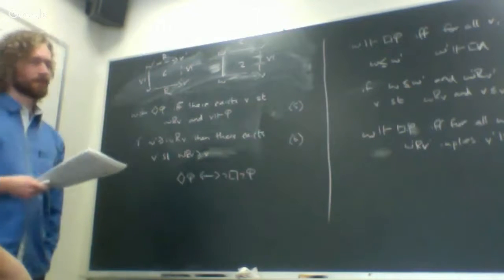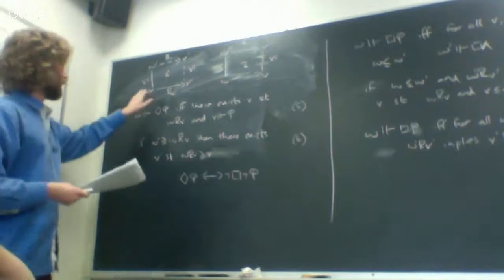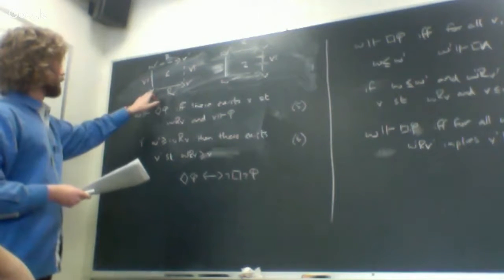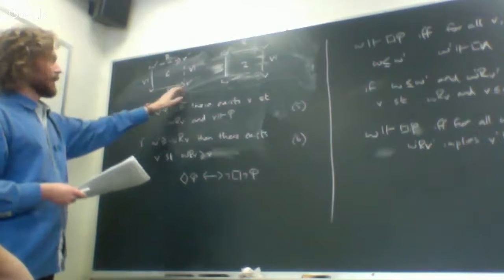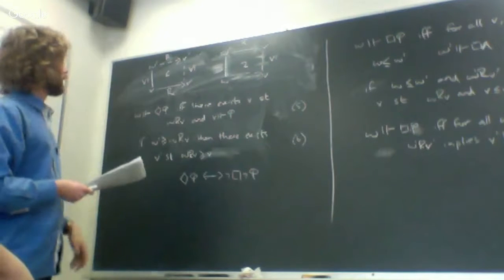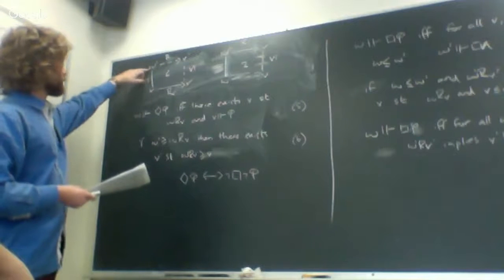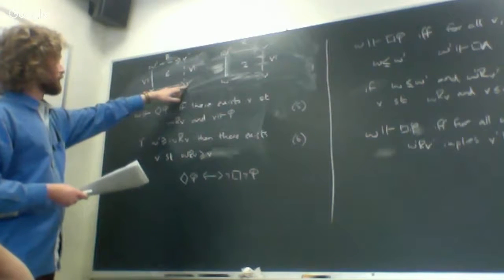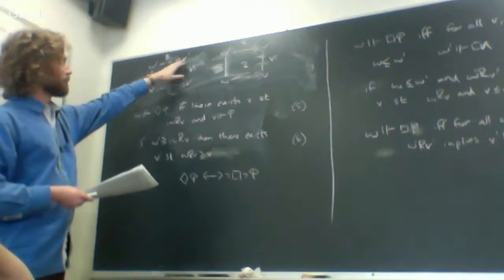So you might think it's reasonable to have the fact that some world W sees another world V as one of these facts that could persist. In which case we'd have W prime sees V. But at the same time, we might have collected more facts about V. So V might have evolved to some V prime.